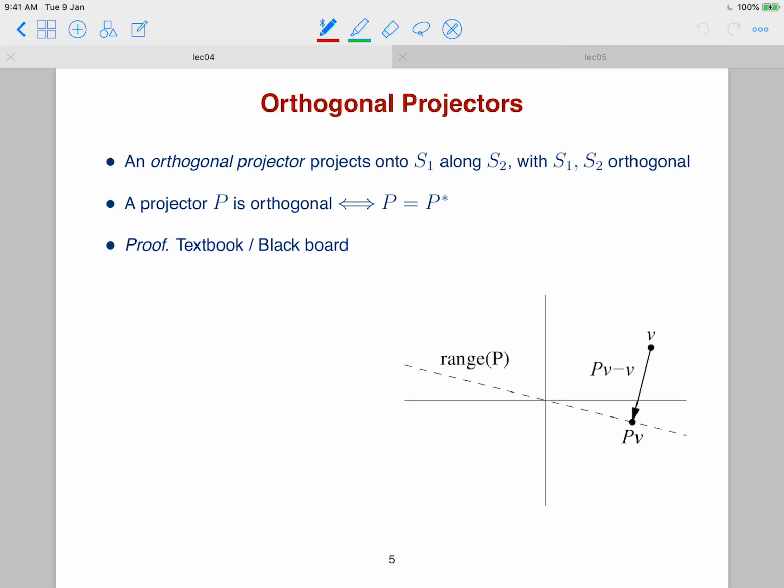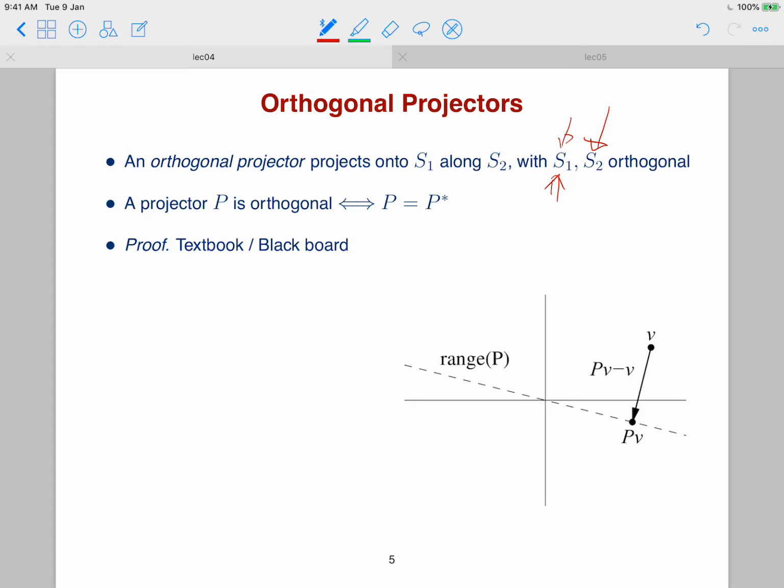We have some intuition that the projection angle should be 90 degrees, but what are the mathematical definition or properties? We have these non-overlapping subspaces S1 and S2. Again, this is the column space of P, and that one is the column space of I minus P.